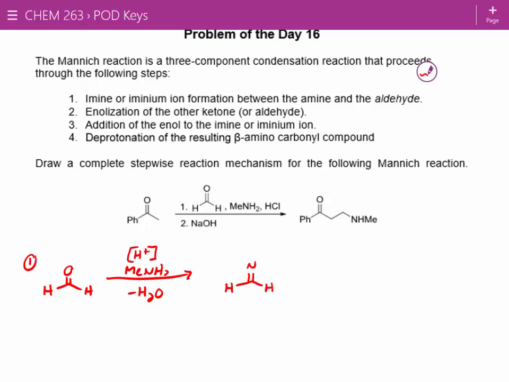So this is review from a previous chapter. And because we're under acidic conditions, it will actually stay at this iminium ion, right?